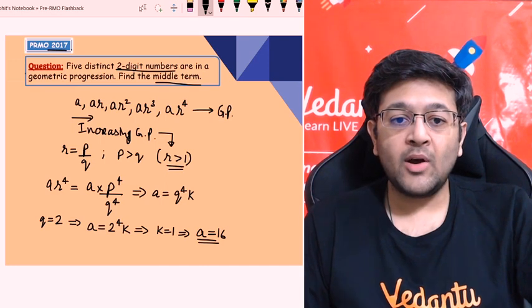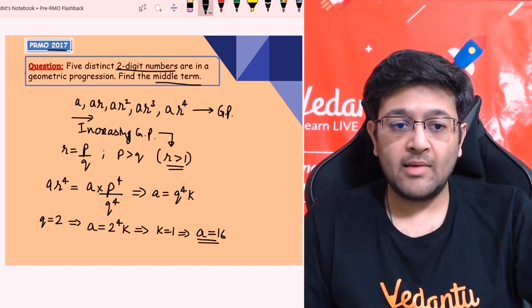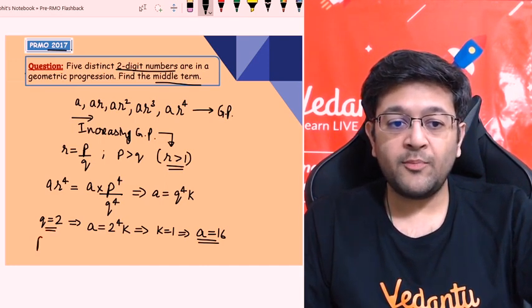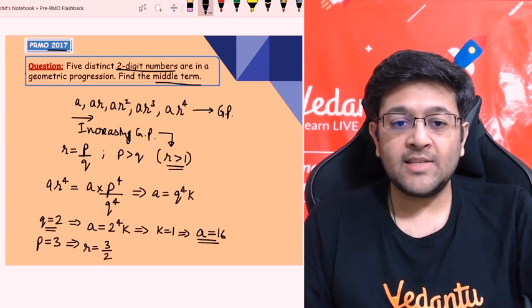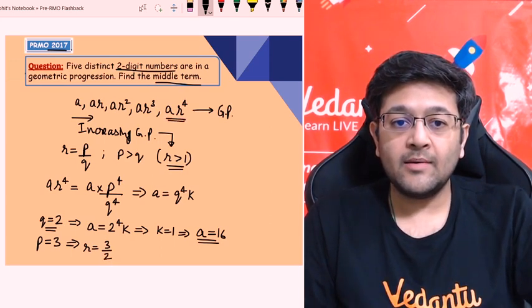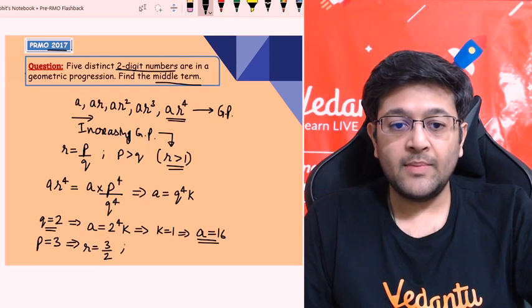Because if we are assuming Q as 2, the minimum value of P that I could take will be 3, which will mean the value of R will be 3 upon 2. And let's check what will be the final number. A R power 4 will be 16 into 3 power 4 upon 2 power 4, which will be 81.